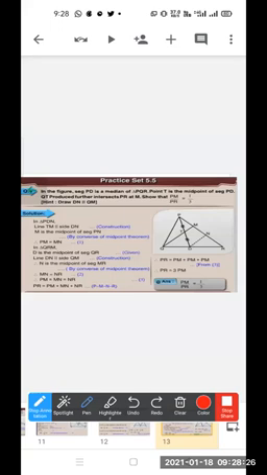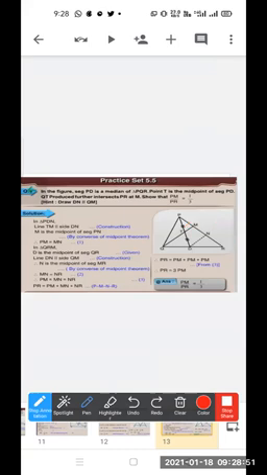So what is given in the figure? PD is the median, and T is the midpoint of PD, given, and QT produced further intersects PR at M, given. So we have to show that PM upon PR is equal to 1 upon 3.